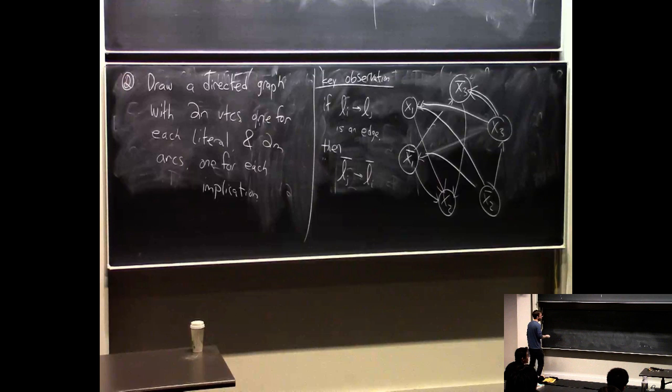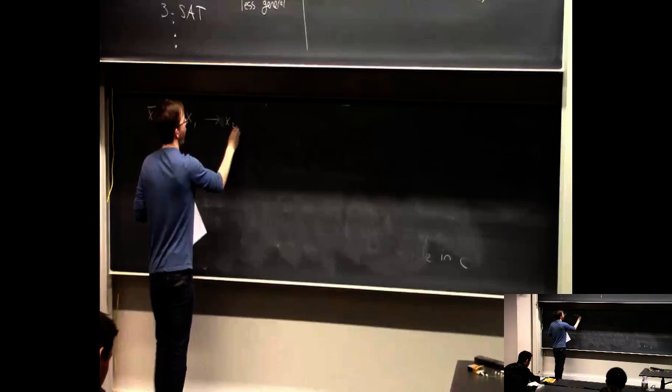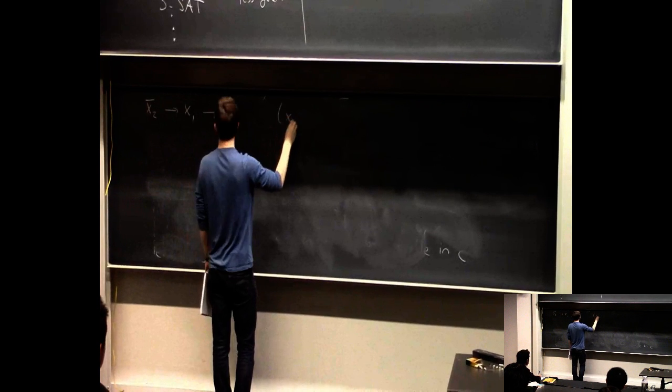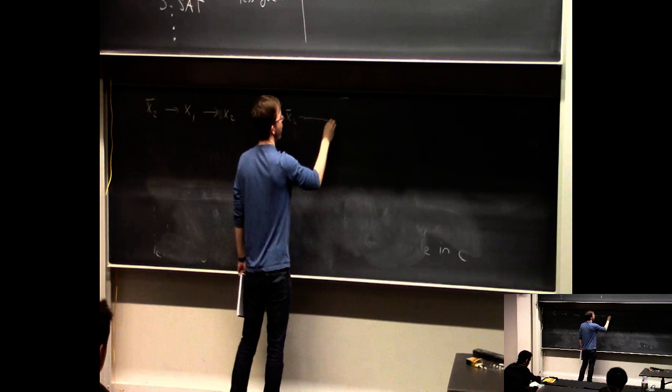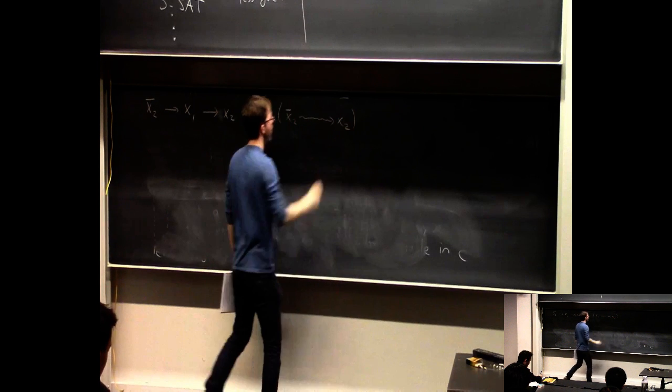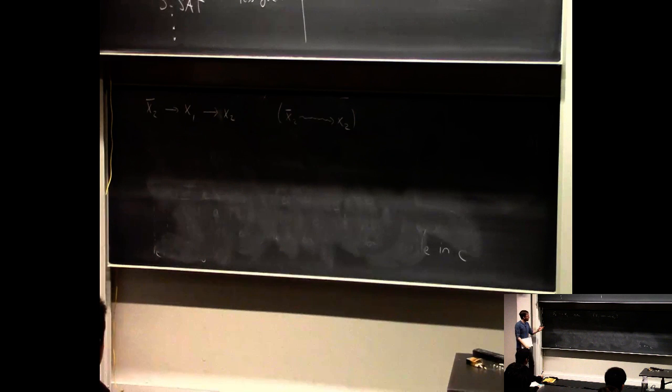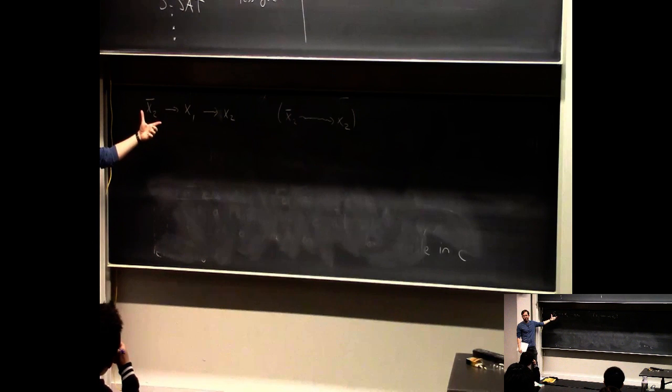If x2 is false. But you see that you can chain these arrows up into paths which are still correct implications or correct consequences of the input constraints. OK, so x2 bar has an edge to x1, which has an edge to x2, which I'll write as a path from x2 bar to x2. And actually, this existence of this path tells us something.